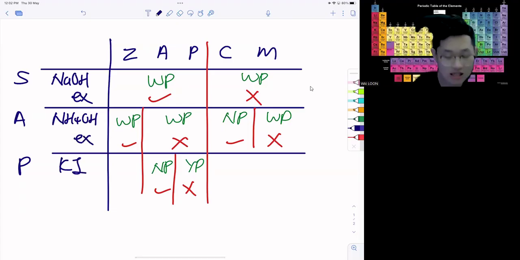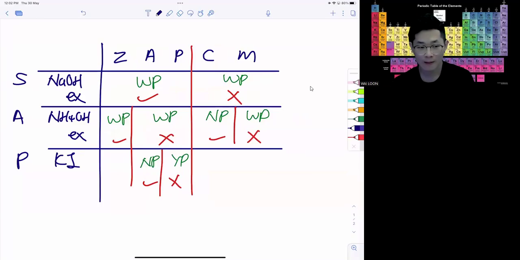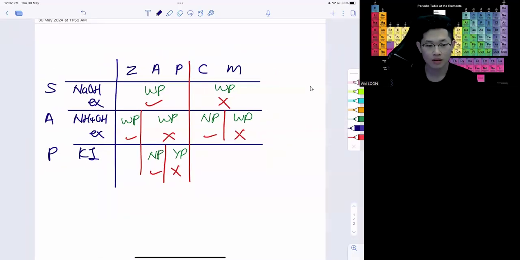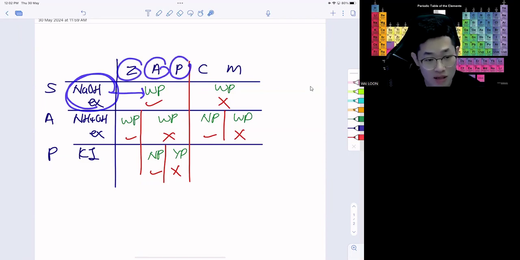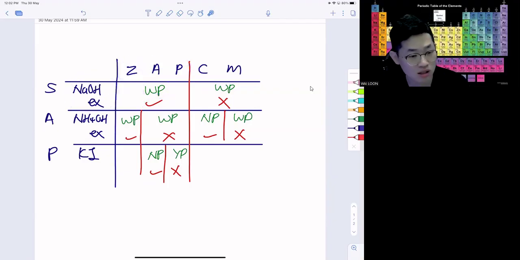P is potassium iodide. So if I add sodium hydroxide excess into a solution that contains zinc, aluminium, or Pb, I am going to get white precipitate that dissolves in excess. That's how you read the table.